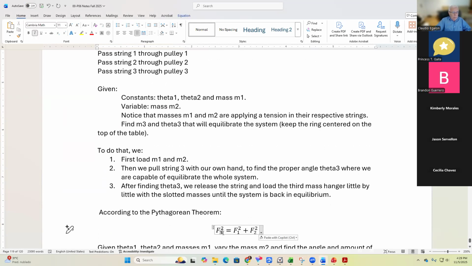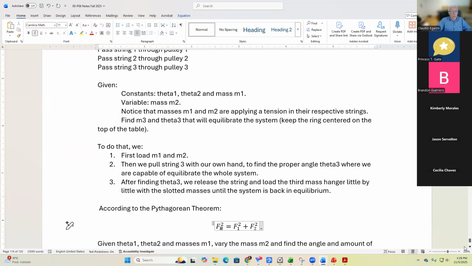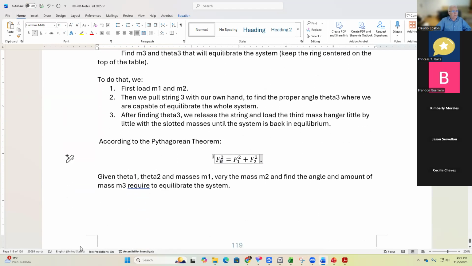the resulting force squared is going to be equal to F1 squared plus F2 squared. But let's not forget that force 1 squared is equal to what? It is equal to the tension in the string, which in the first string is going to be M1G. This M1G is squared.